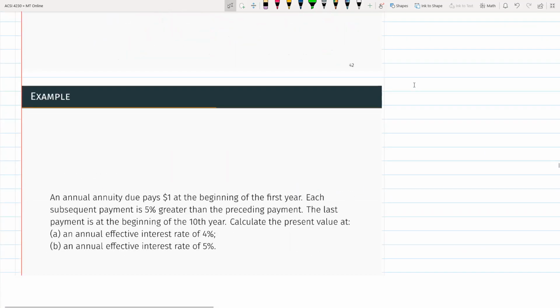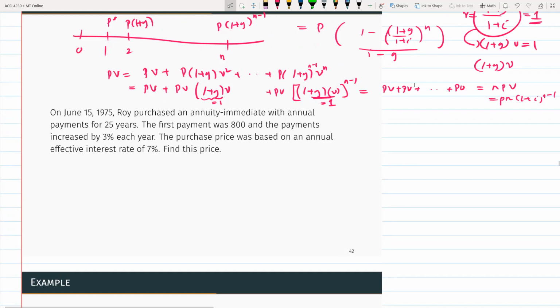So let's do one problem and see how to apply this. On June 15, 1975, Roy purchased an annuity immediate with annual payments for 25 years. The first payment is 800.